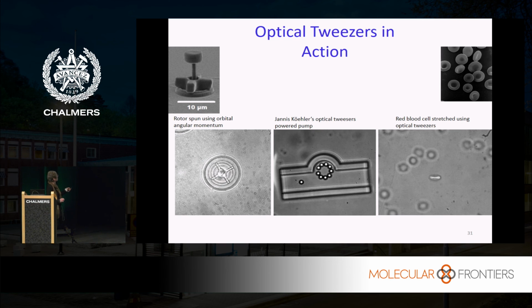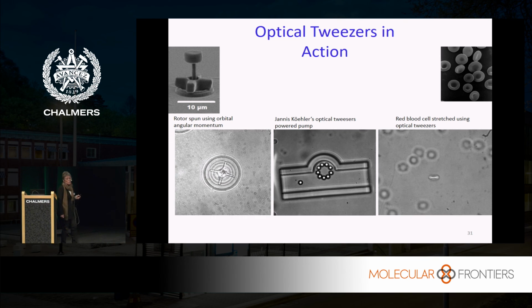Here is the result of the rotation. This is how it looks when it rotates. It doesn't rotate very fast, but if we use a little bit more power, then we can rotate it faster. And here are other examples of machines that we can produce using orbital angular momentum and using the linear momentum of light. Here is basically an optical tweezers powered pump.